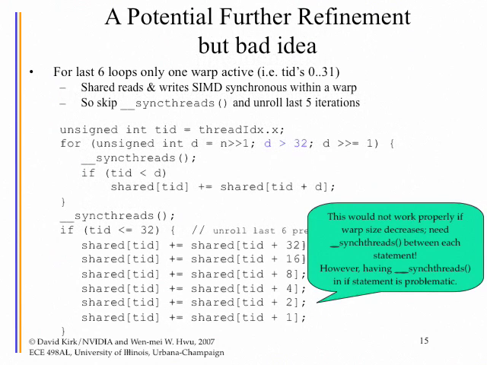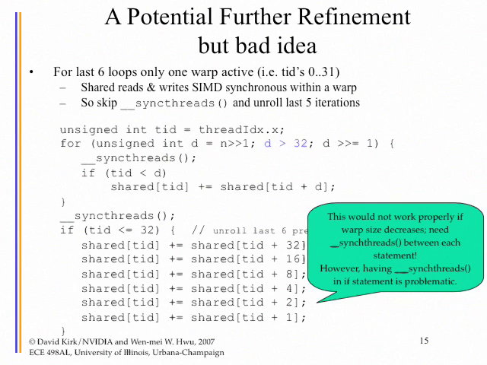So if you look at it, I can actually make things a little better here. I can make a further refinement. Remember, all the warps are going to be executing full force, or the active warps will be executing full force until the very last one.